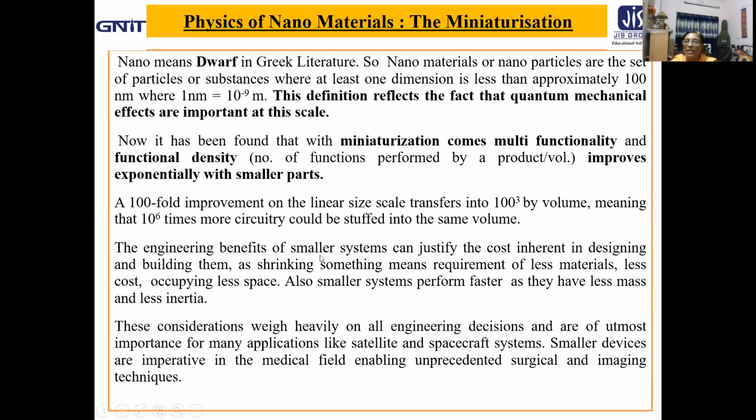Actually, the engineering benefits of smaller systems can justify the cost, obviously, inherent in designing and building them, because shrinking something or taking something very small means you are requiring less material. Naturally, there will be less cost and it will occupy less space. Also, smaller systems perform faster as they have less mass and less inertia.